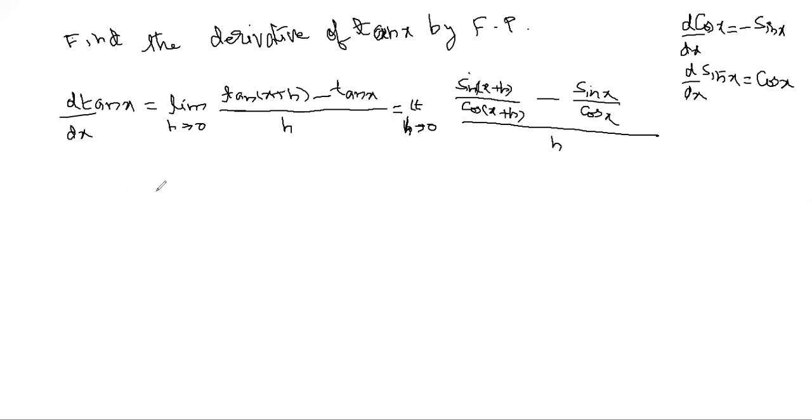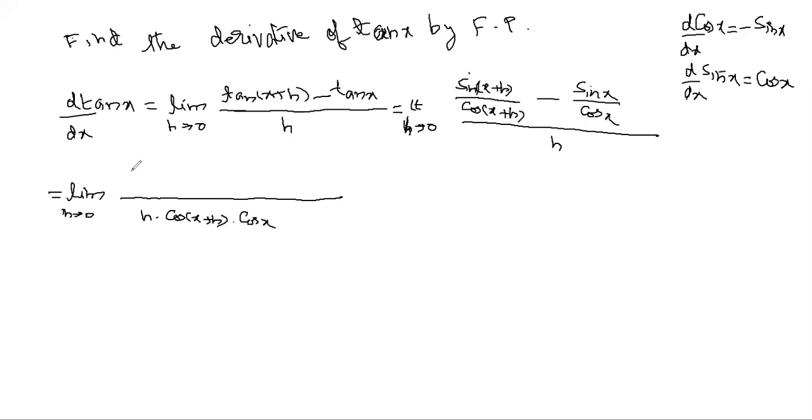Now taking LCM, the limit will become limit h tending to 0, with the LCM cos of x plus h into cos x, and h in the denominator, so h will be written with this only.